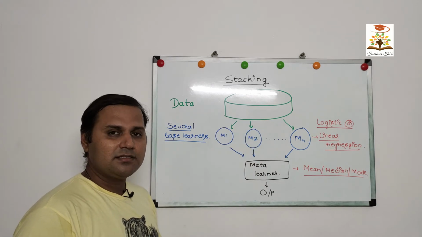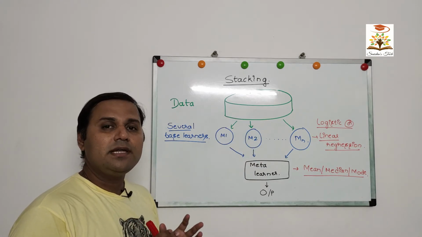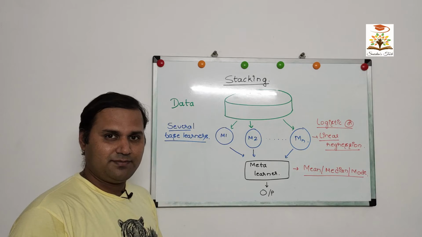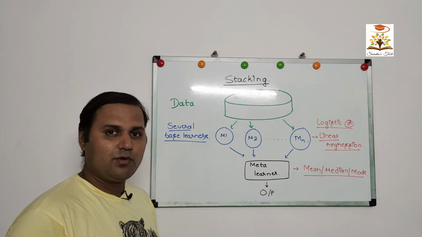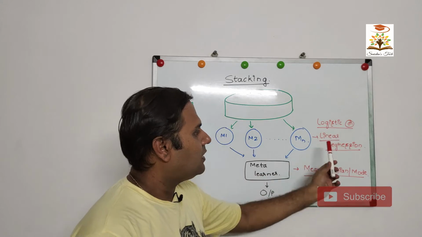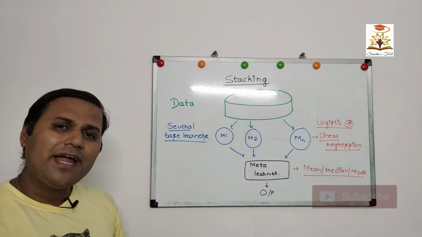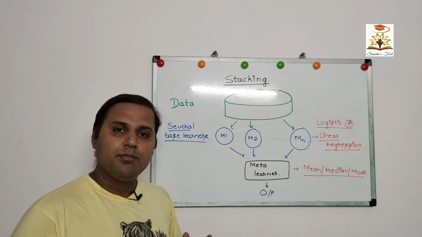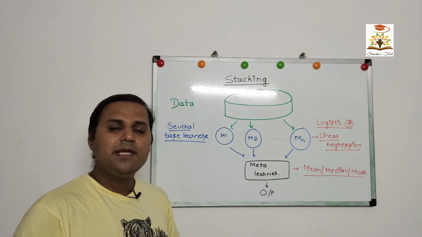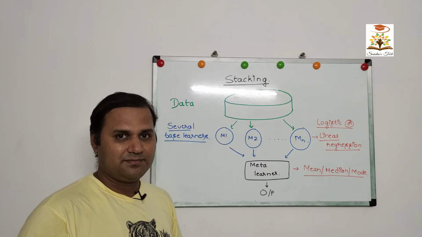Now, these base learners are not non-linear types of supervised learning techniques. They are linear types of supervised learning techniques, for example, logistic or linear regression. Now, why don't we use non-linear supervised learning techniques? Because there might be a case of overfitting.